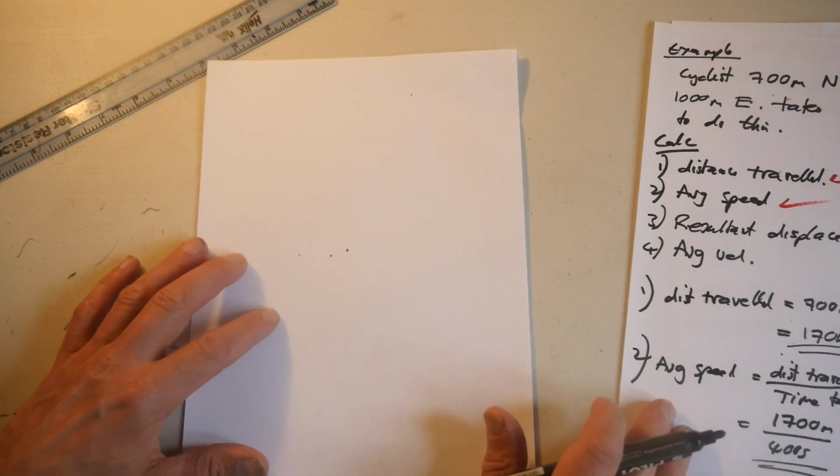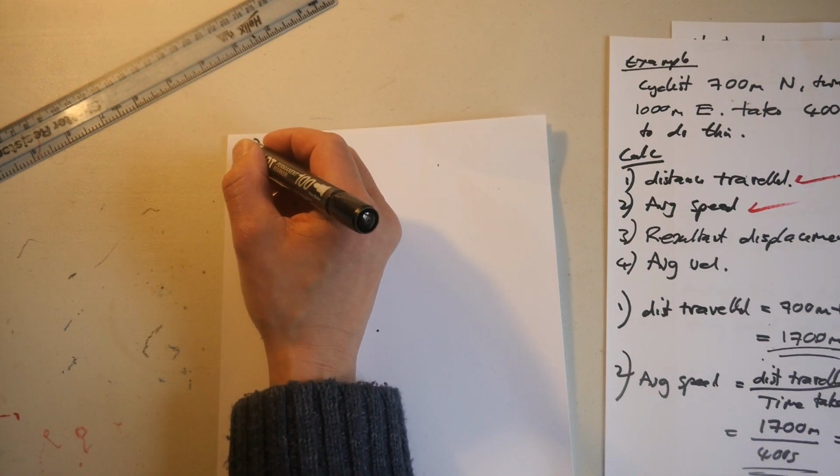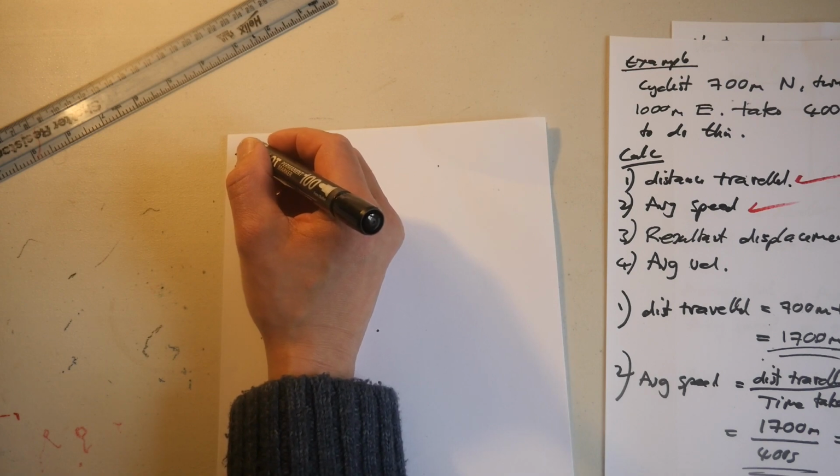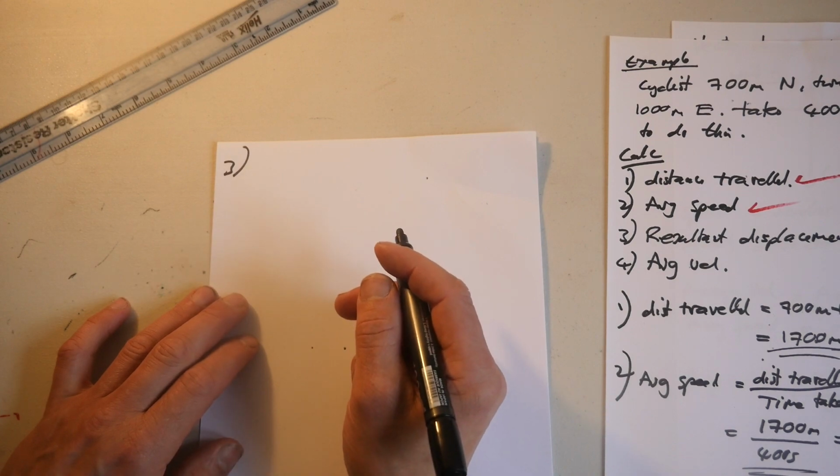Right, resultant displacement next. We have to use a vector diagram for this.